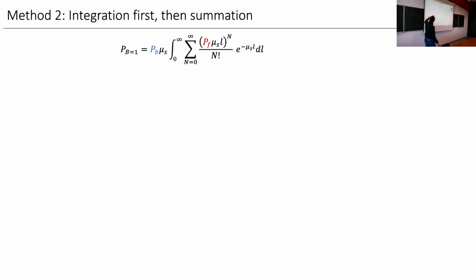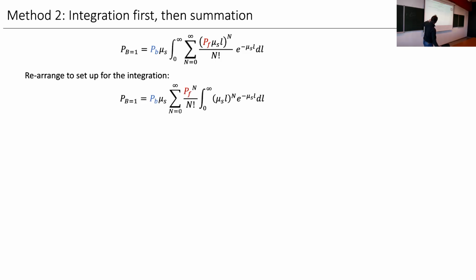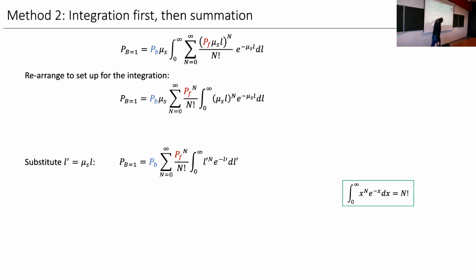So the second method obviously has to yield the same results. First the integration and the summation. To do that, we can first take the summation out of the integral, like this, and now we again have a standard expression, something to the power n, multiplied with the expression integrated, which is the definition of the effect.